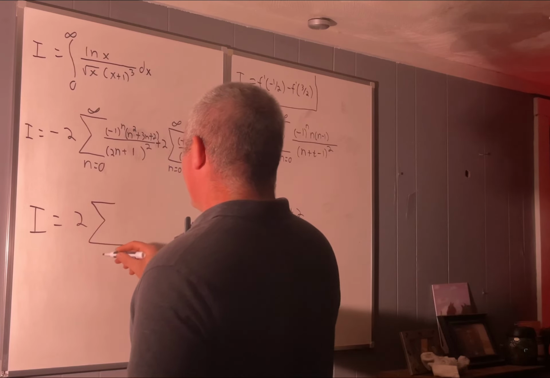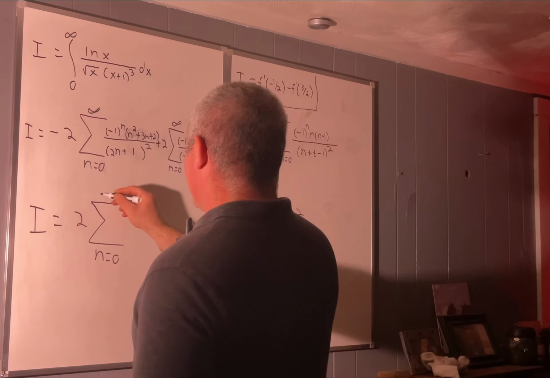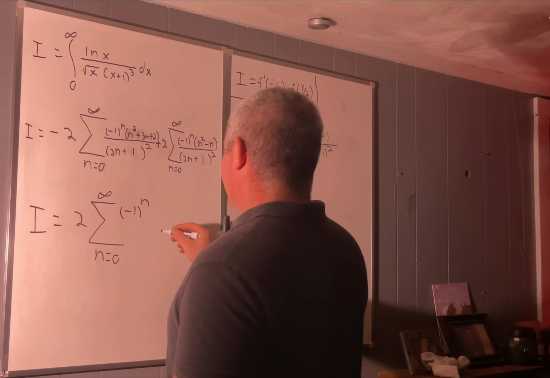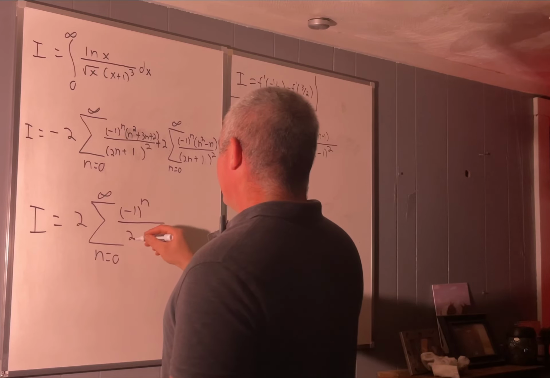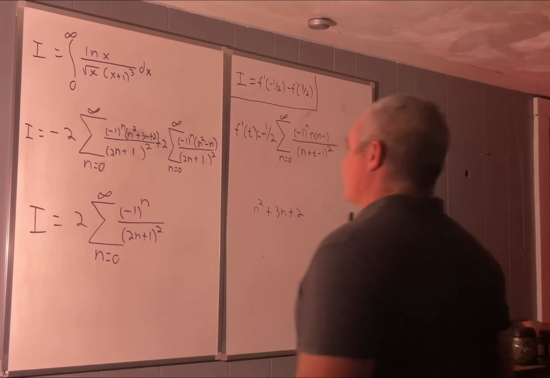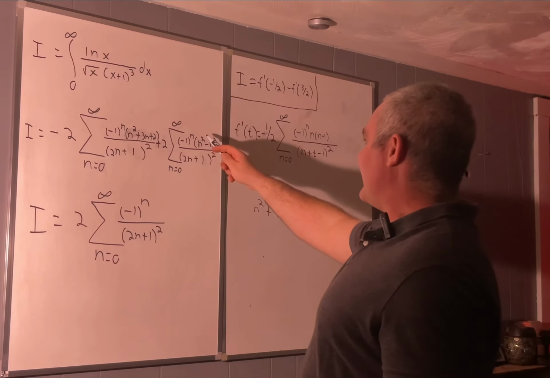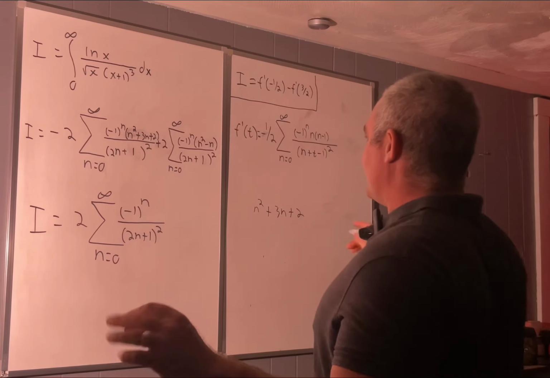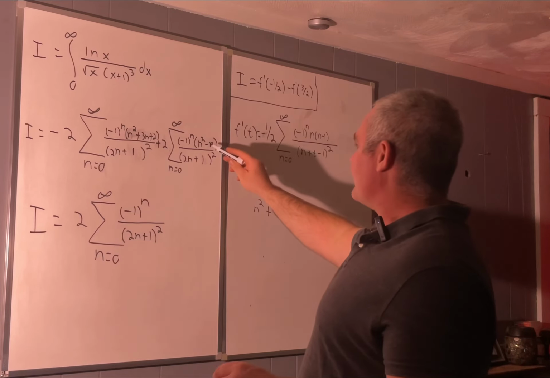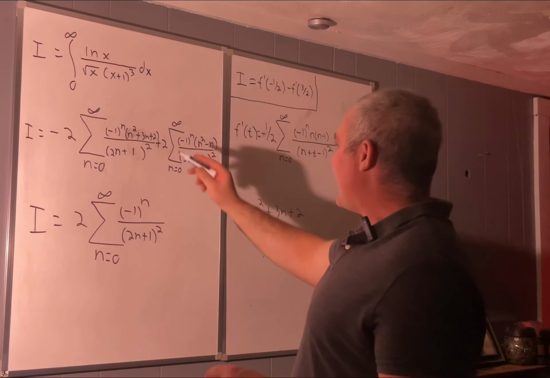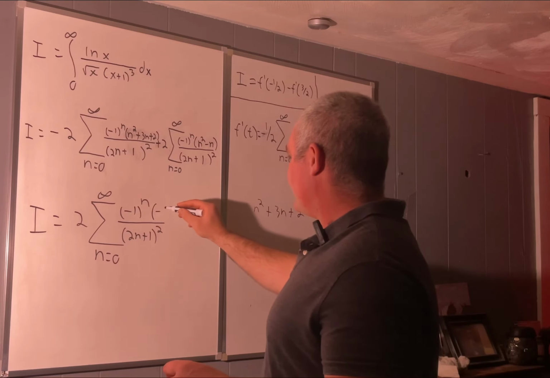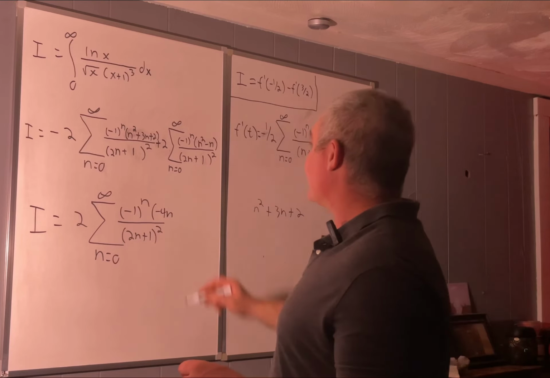The sum is going to go from 0 to infinity, and we're still going to have this negative 1 to the n over 2n plus 1 all squared. And then we'd have an n squared minus an n squared, so there's no n squareds. And then we'd have a negative n minus 3n, so that'd be negative 4n.